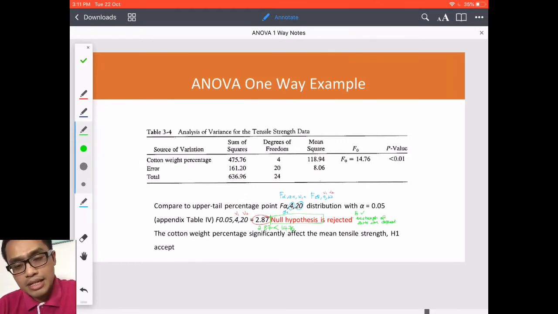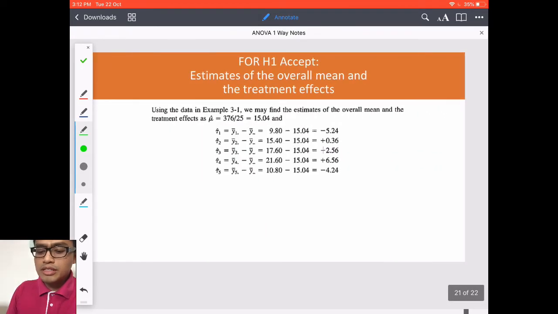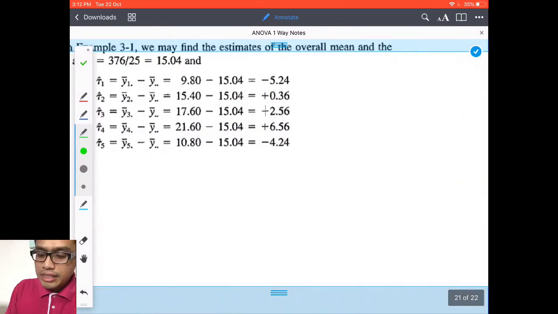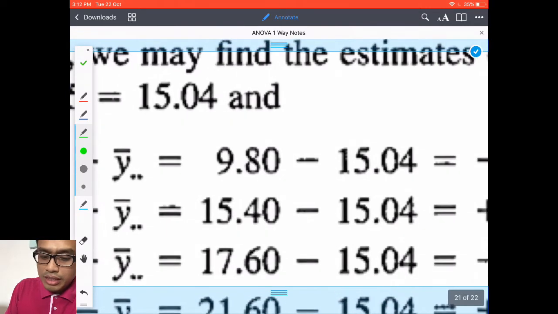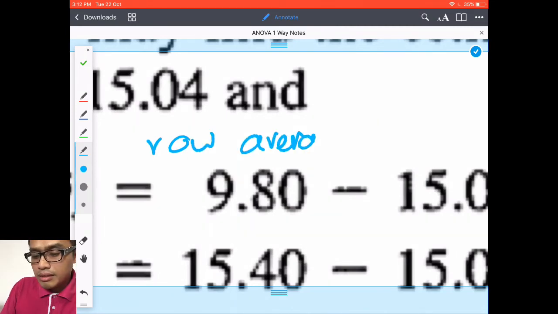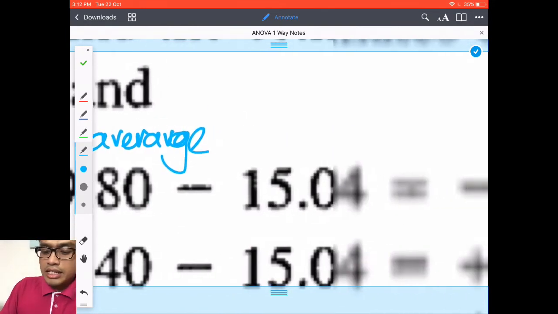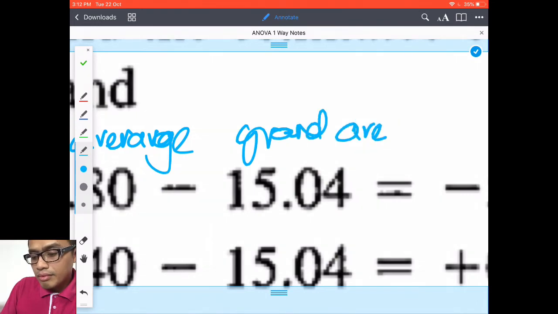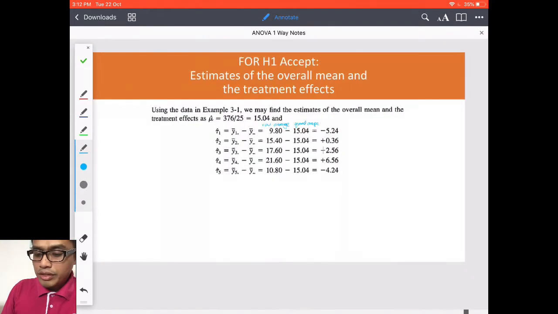If H1 is accepted, you need to do the estimate of overall means. To do this is very simple. Here is the average. This one is the row average, and this is the grand average, the one that you calculated just now.